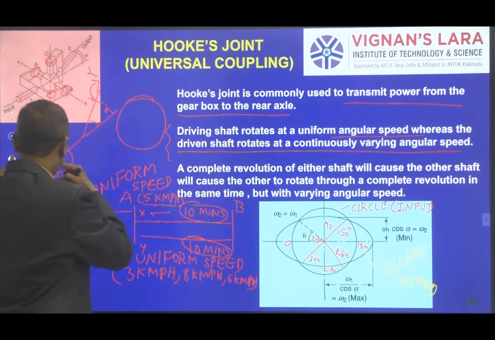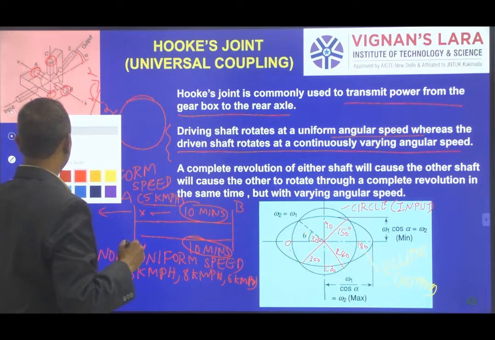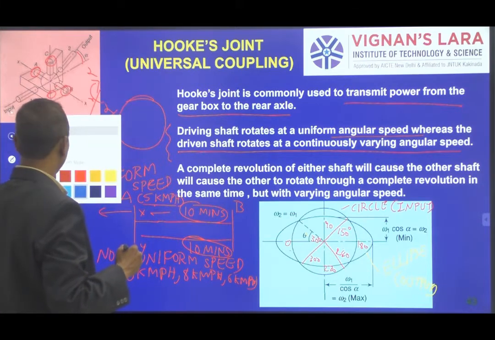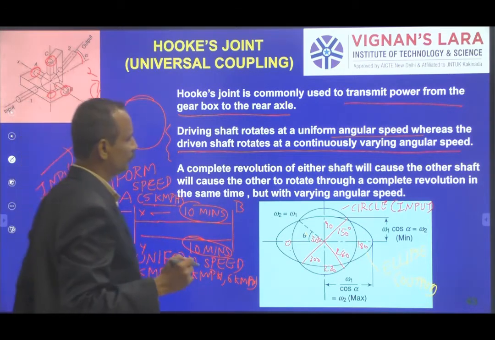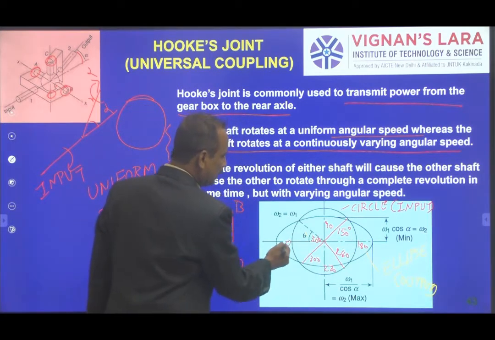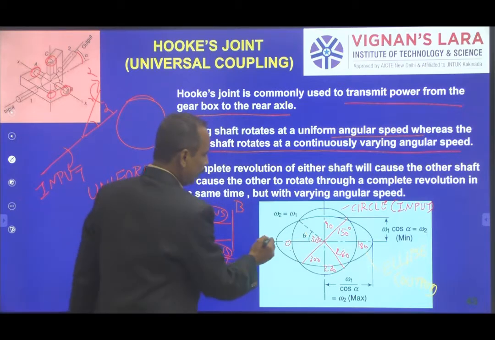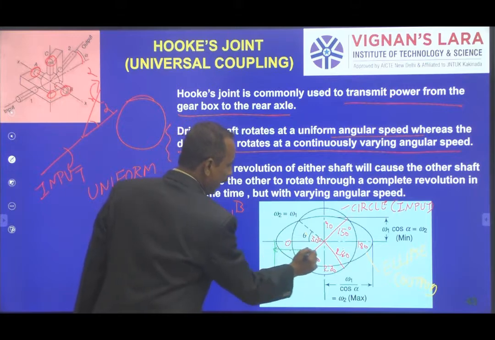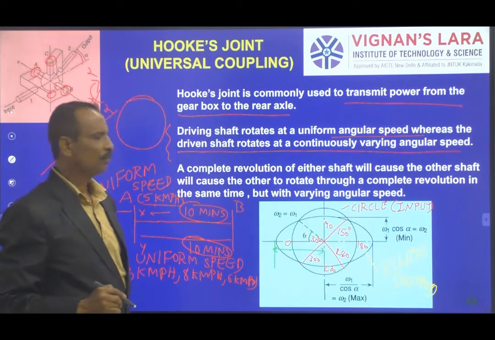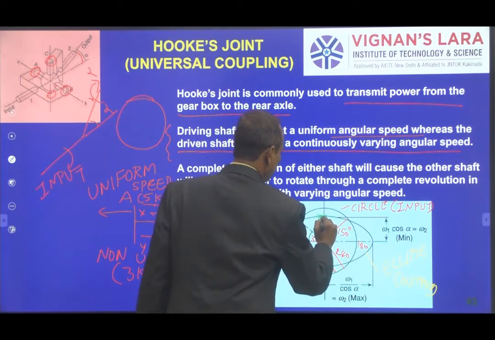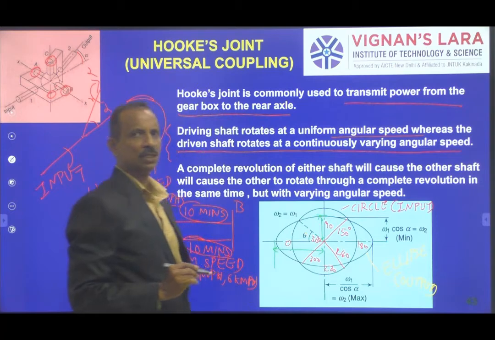I will select another color because the yellow color is not that visible. Green is okay. So here you can see at 0 degrees the output will have this much angular velocity. At 90 degrees it will have this angular velocity.